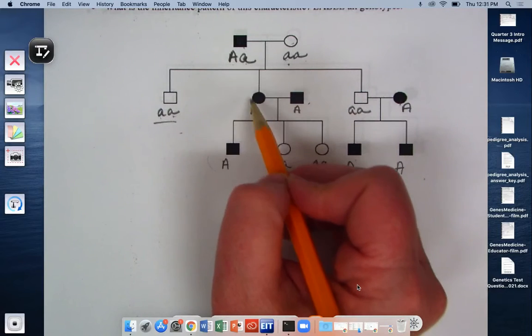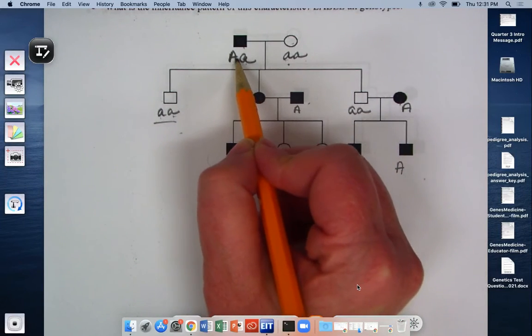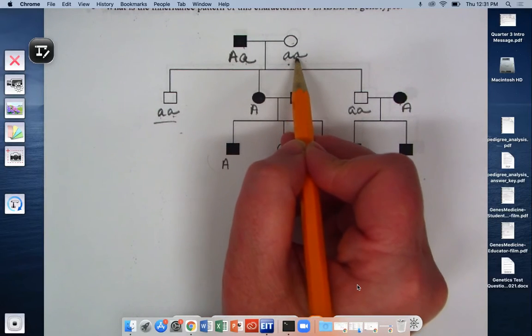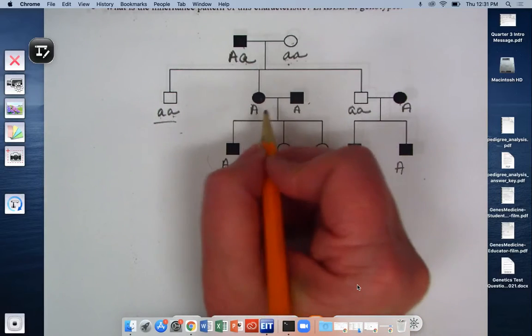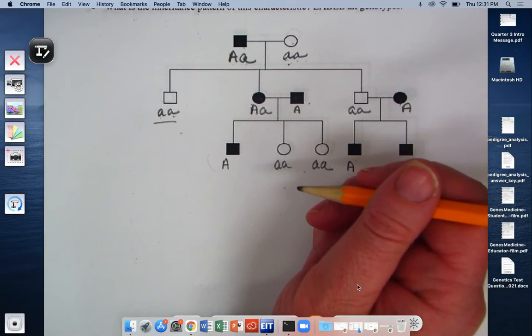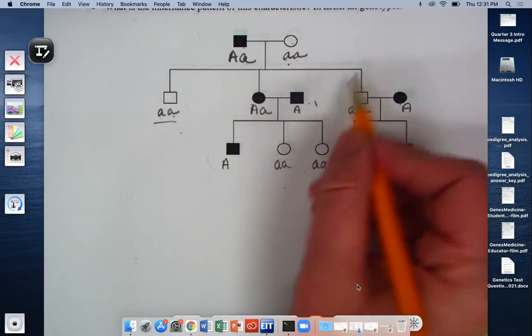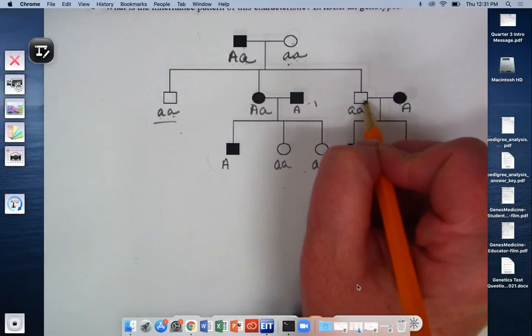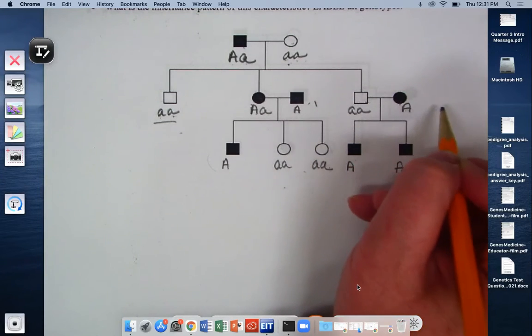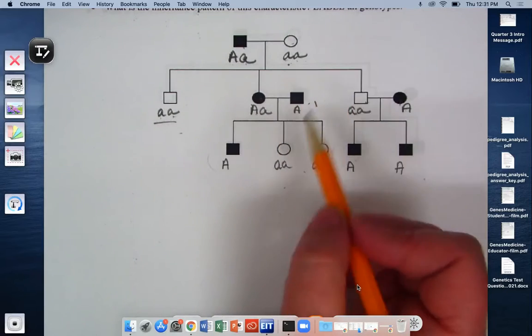Well, this child has a capital A, got that one. What did they get from this parent? Oh, they would have had to get a lowercase a. Now I'm going to skip the husband here and scoot over to the other child. Already done. All right, so we're kind of done there because usually I look down at the next generation.